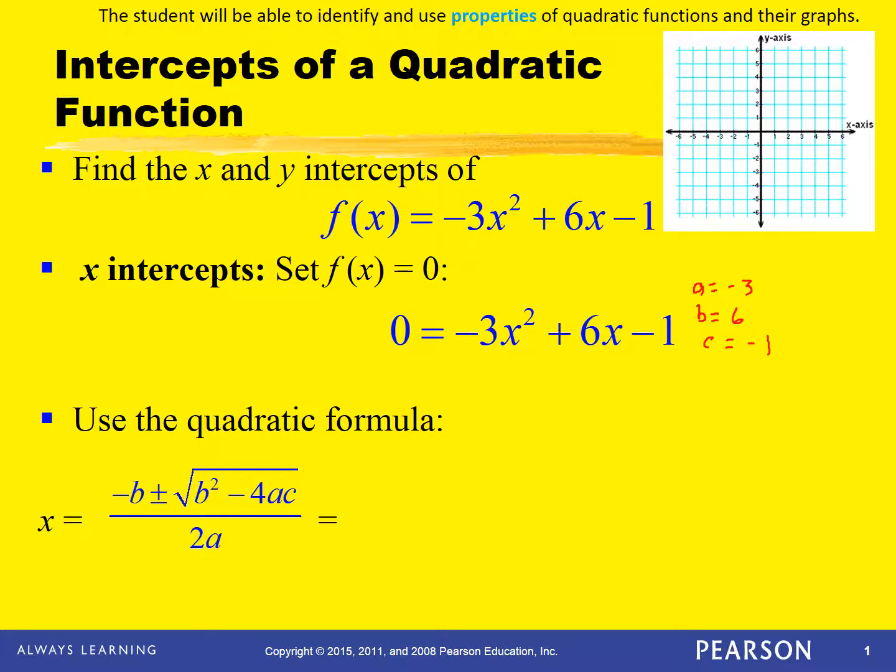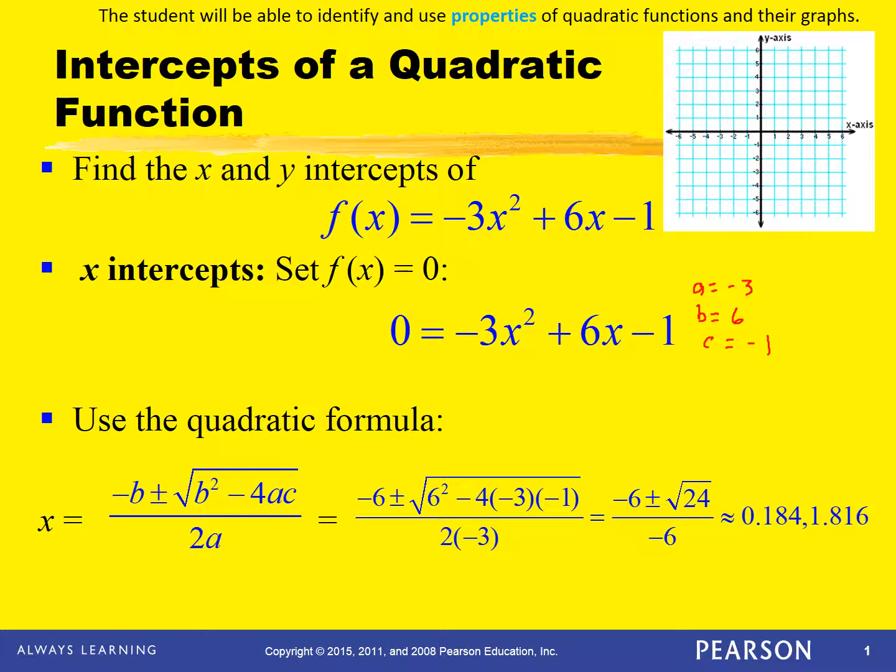If you have a quadratic equation of the form ax squared plus bx plus c equals 0, then x equals minus b plus or minus the square root of b squared minus 4ac, all over 2a. Substitute all the numbers in and then work out the arithmetic.